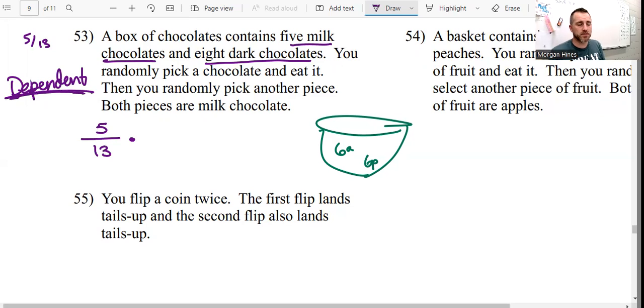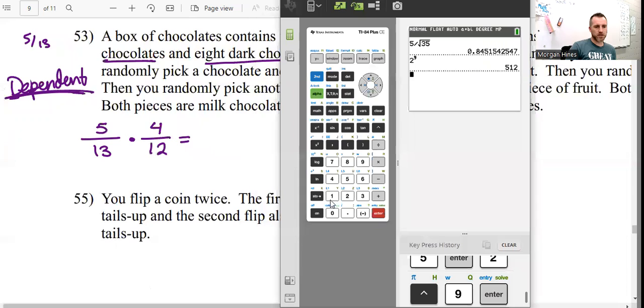So there's 1 less milk chocolate piece in there, so I only have 4 options, and there's also only 12 pieces of chocolate in there altogether. So I can multiply 5 over 13 times 4 over 12, which simplifies to 1/3. Oh my goodness, I'm struggling.